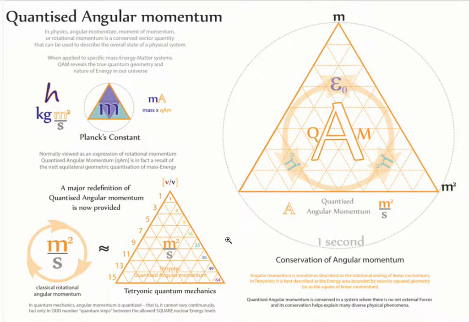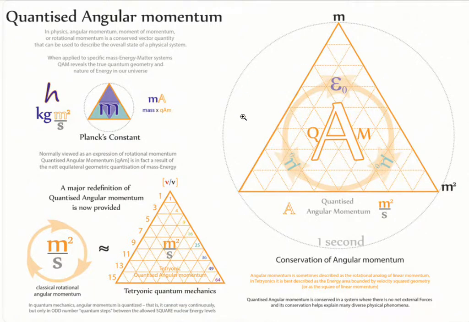Of course, the important point to take away from here is that it's the equilateral geometries of energy that give us square meters per second, whereas radial measurements of time give us square meters as an area per unit of time.